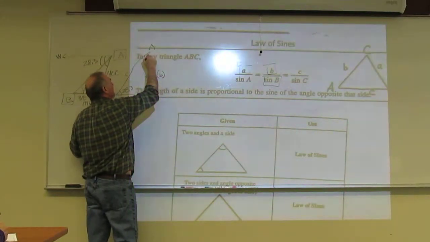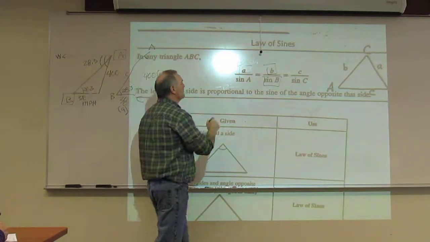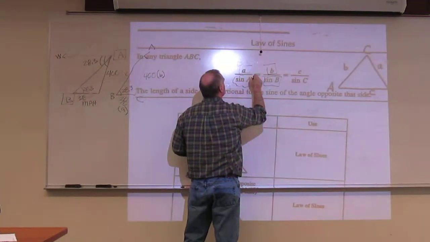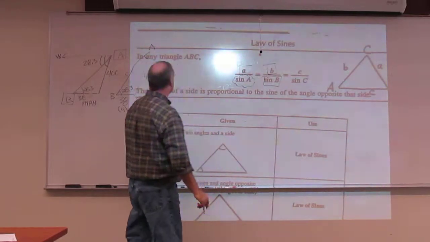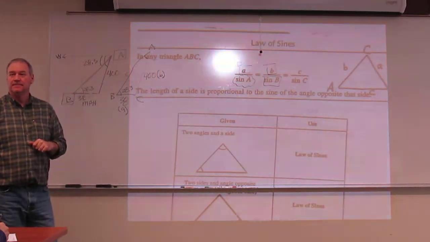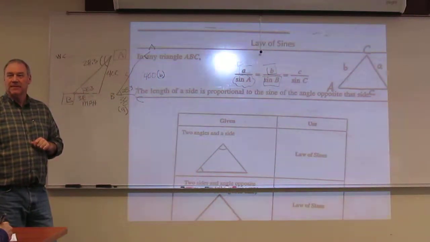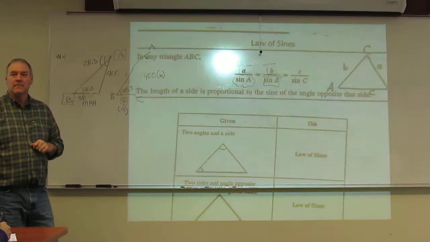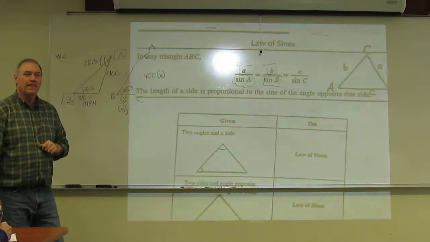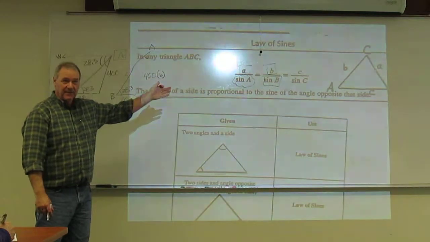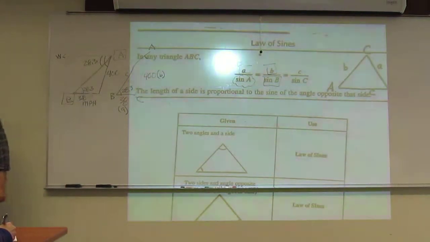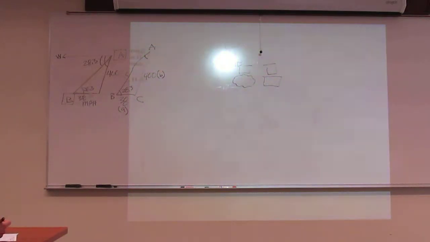In essence, I'm looking for angle A, right? That one? Is that correct? Okay. So I'm using A over sine A is equal to B over sine B. I'm going to turn this over so I can write in that area.